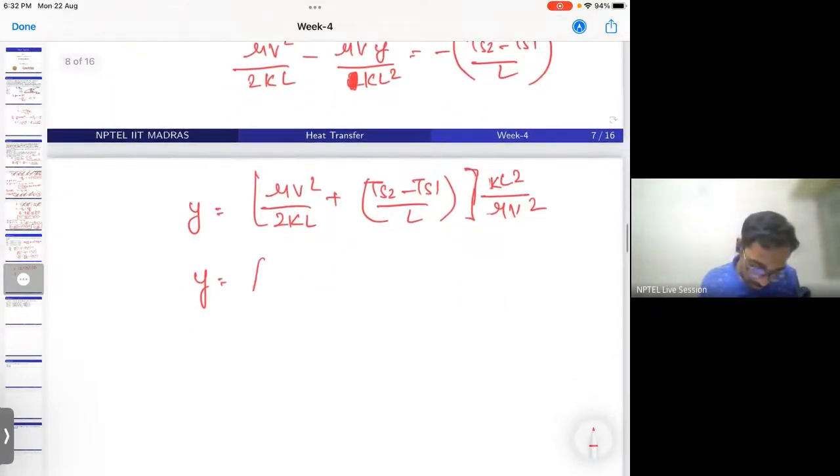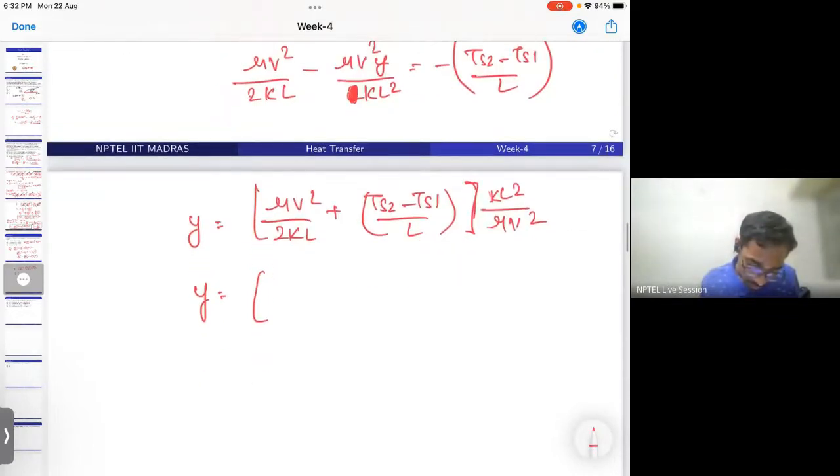If you multiply it, you will get this cancel. So this becomes L by 2 plus (Ts2 minus Ts1) k L by μv².